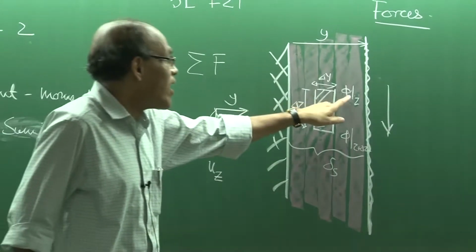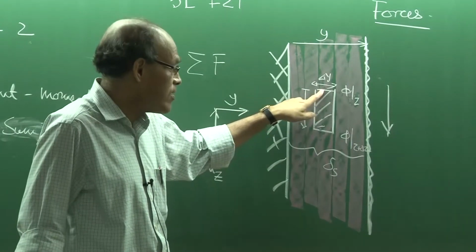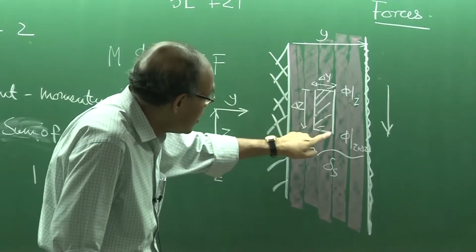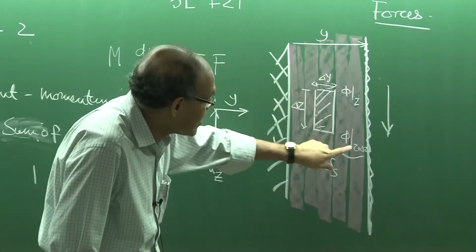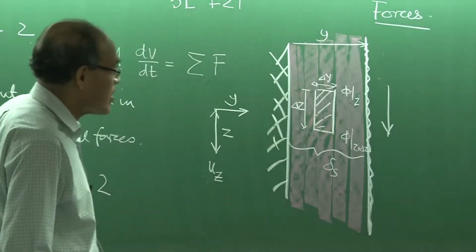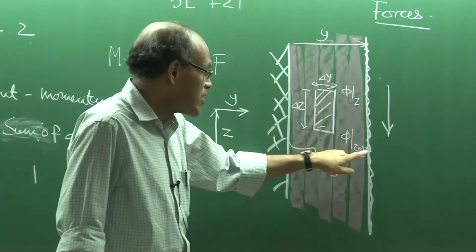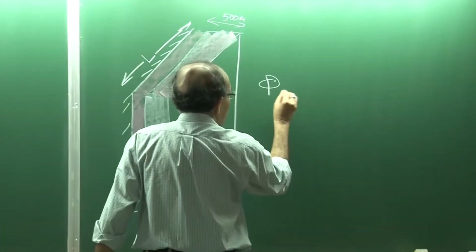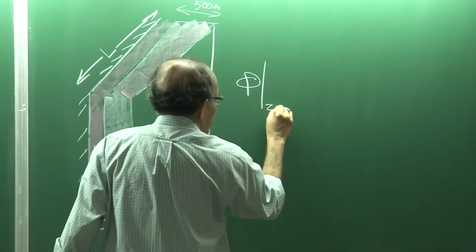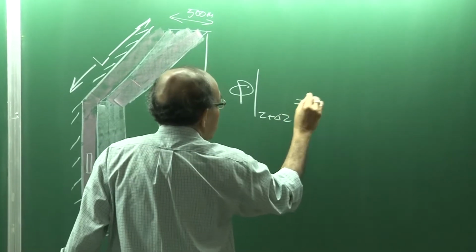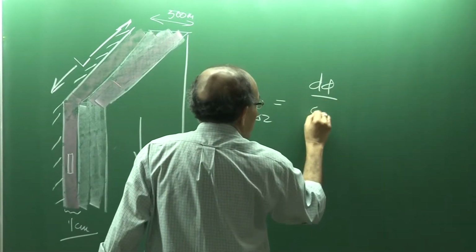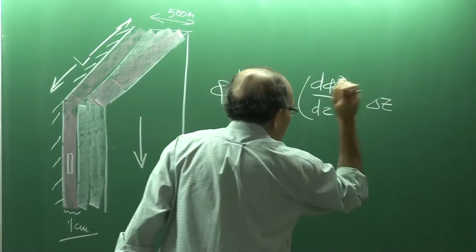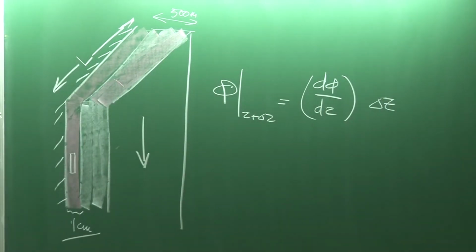So, the value of phi evaluated at z, which is in this case 0, and the value of phi evaluated at z plus delta z, so 0 plus delta z essentially. The value at z plus delta z can be approximated as phi at z plus delta z, which is going to be approximated as dphi over dz. This is called a linearization.